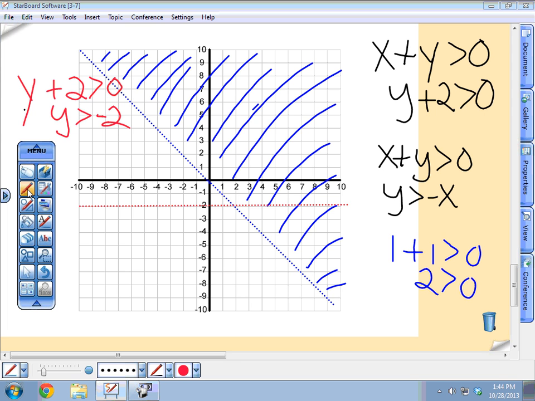My y values are all greater than that. But if you didn't see that automatically, you could put in a point. You could put in 0, negative 3, and you'd see whether you got a true answer or not. It would be, because there are no x values there. So we're going to shade up, and it'll look like this here.